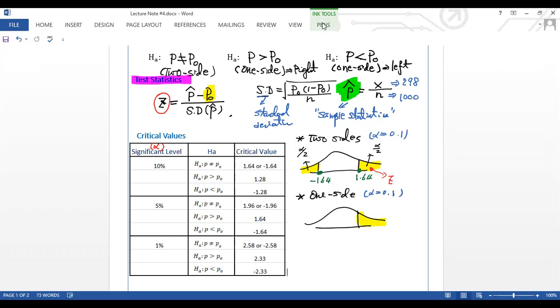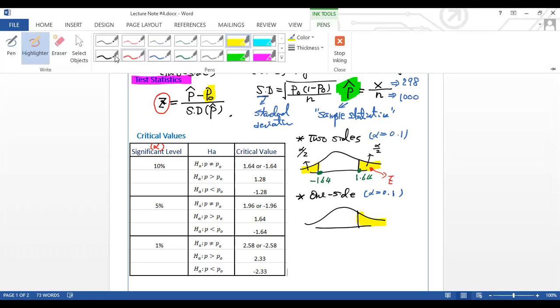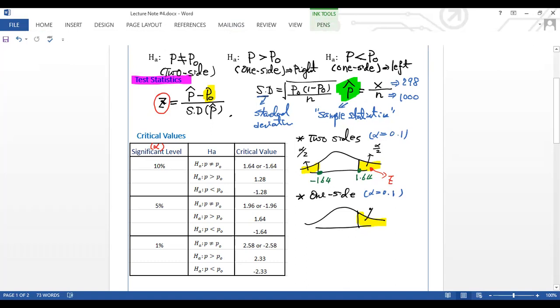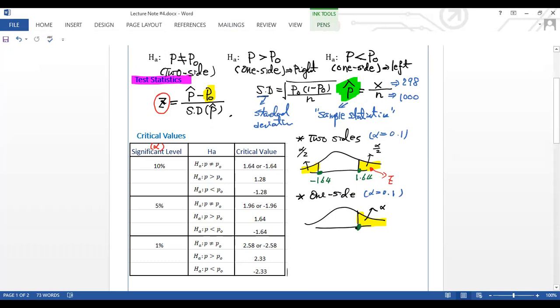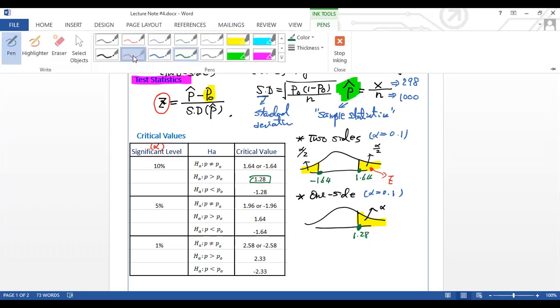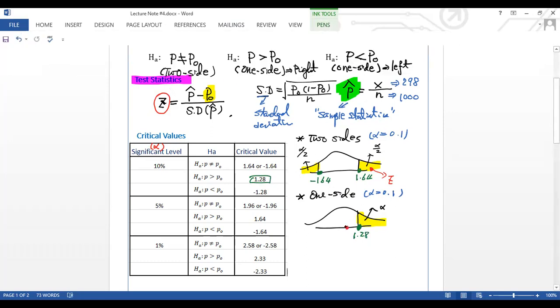This area is your alpha value, and this green line is your critical value. So this is the one-sided area, and the critical value is 1.28.